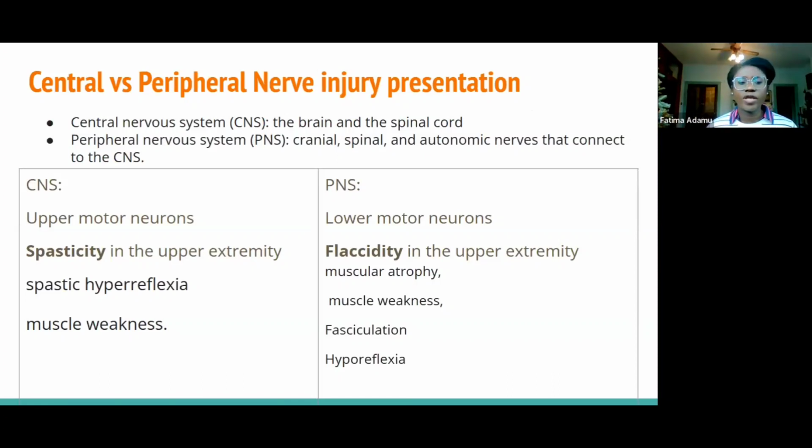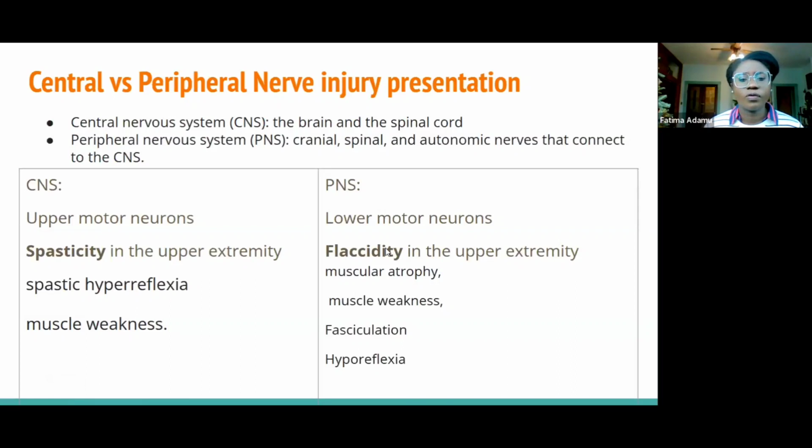Simplistically, when you're looking at somebody with a central nervous system injury, you might see a lot of spasticity in the upper extremity. So it's a lot of kind of tension and sometimes just really jerky movements, if there is movement at all. Things are fairly stiff and rigid. The person can also be weak.